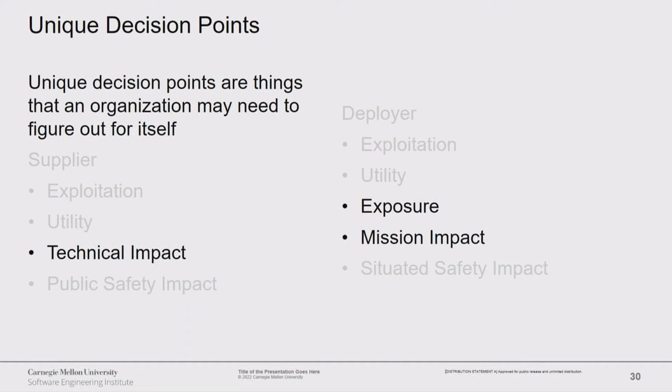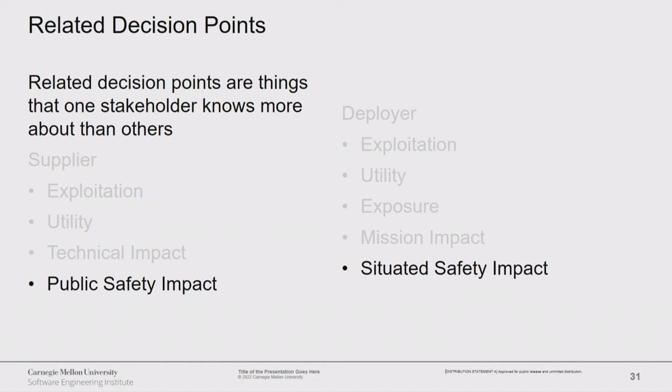However, it probably matters a lot to how quickly you need to patch a piece of software if it's exposed and open to the internet. So we'll have the deployer ask that. Some of these things are related, right? One of the pieces of feedback from, I think it was VMware, was that they don't know that much about how their software is deployed.